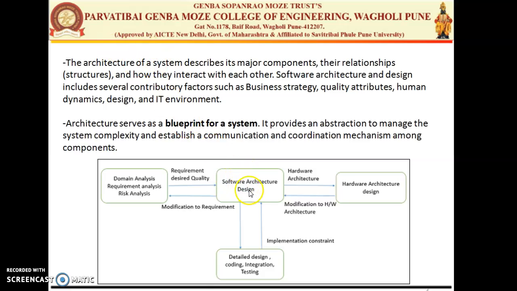Software architecture is nothing but the blueprint or framework of the system, which will provide us the components used in that particular system, how the components interact with each other, how they are coordinated, how they communicate with each other, and what is the structure of those components.